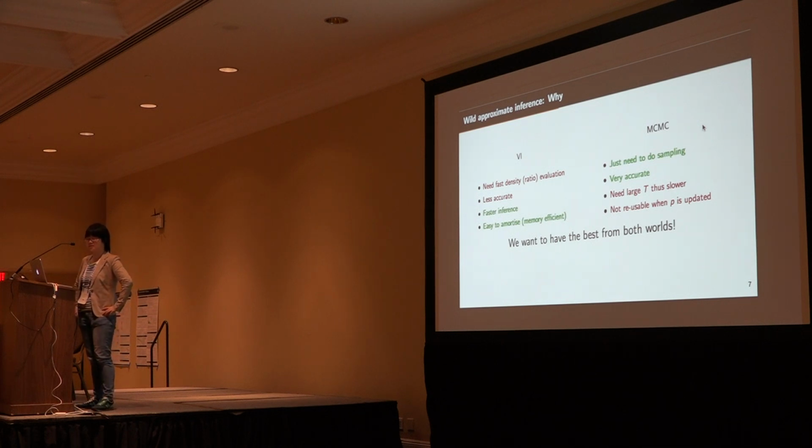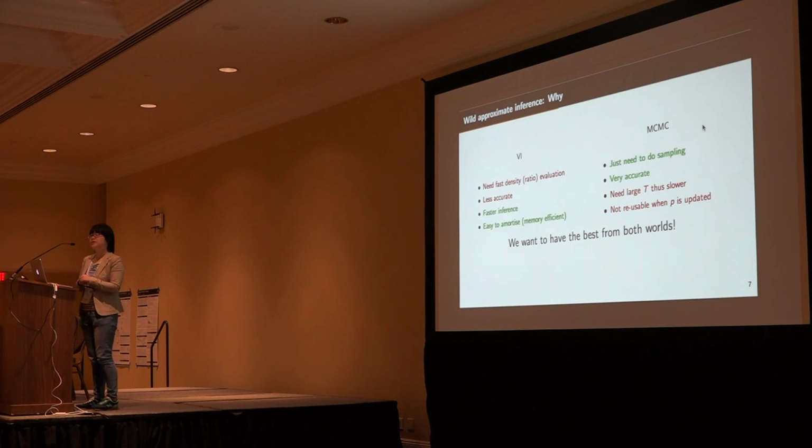For Bayesian inference, you need to do density evaluation or gradient evaluations because you need that in the optimization procedure. But for MCMC, you just need to simulate the random walk according to the transition kernel. And in Bayesian inference, because we use pretty restrictive Q distributions, it is less accurate than MCMC.